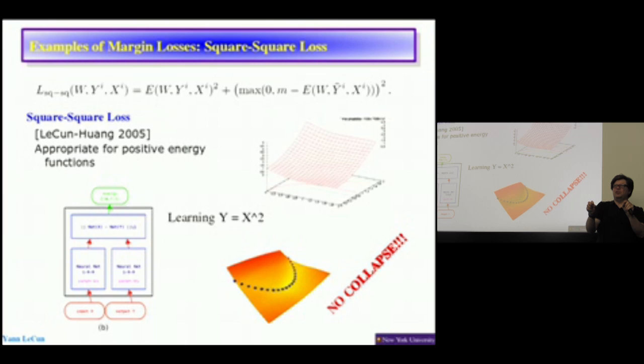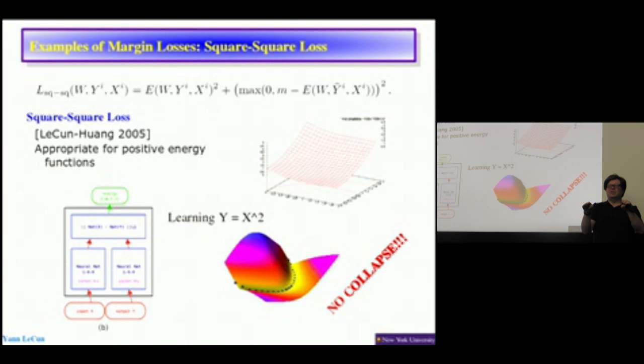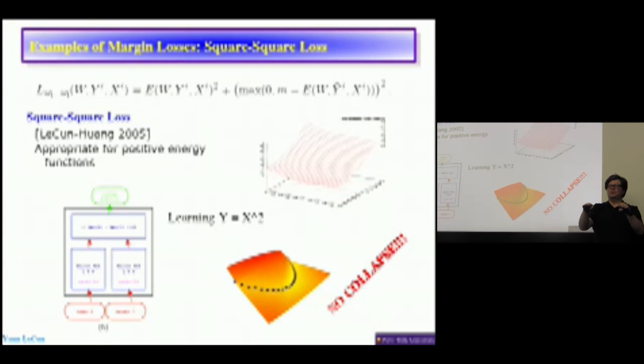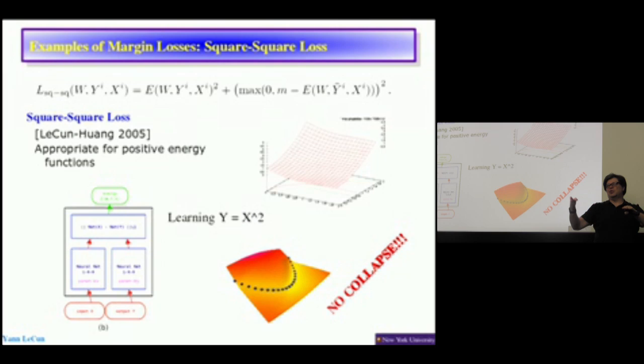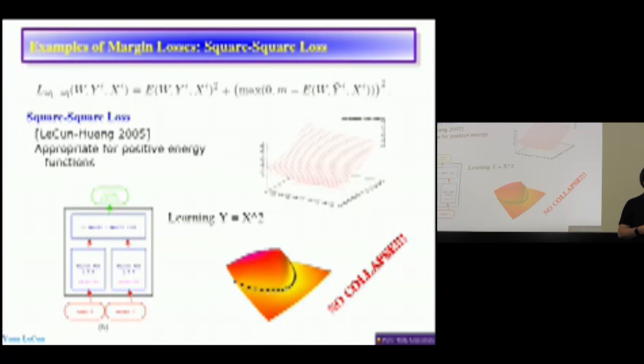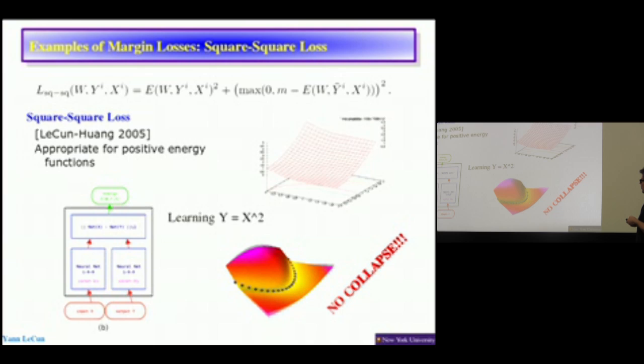So the energy of the correct answer wants to go to 0, the energy of the most offending incorrect answer wants to go to m, both with quadratic cost, and the correct answer can go below 0, the incorrect answer can go above m if it wants to, it's flat. Okay, square loss. So here is an application of the square loss to this little example I was showing you earlier.